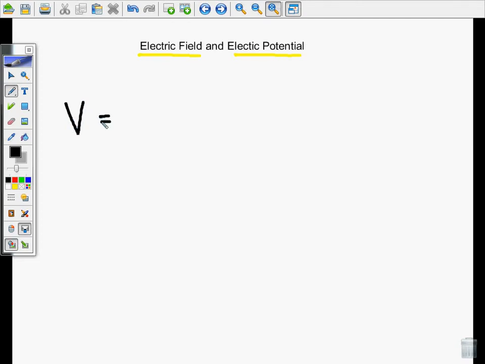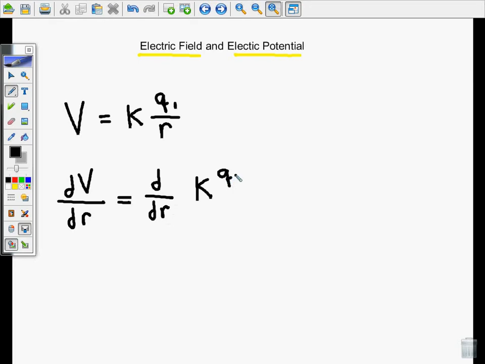We talked about the electric potential from a point charge being equal to K Q1 over R. And again, we end up taking a derivative of this, the derivative of the electric potential with respect to R, of course, that's going to equal the derivative of K Q1 over R with respect to R. And of course, the K and the Q1 are constants.